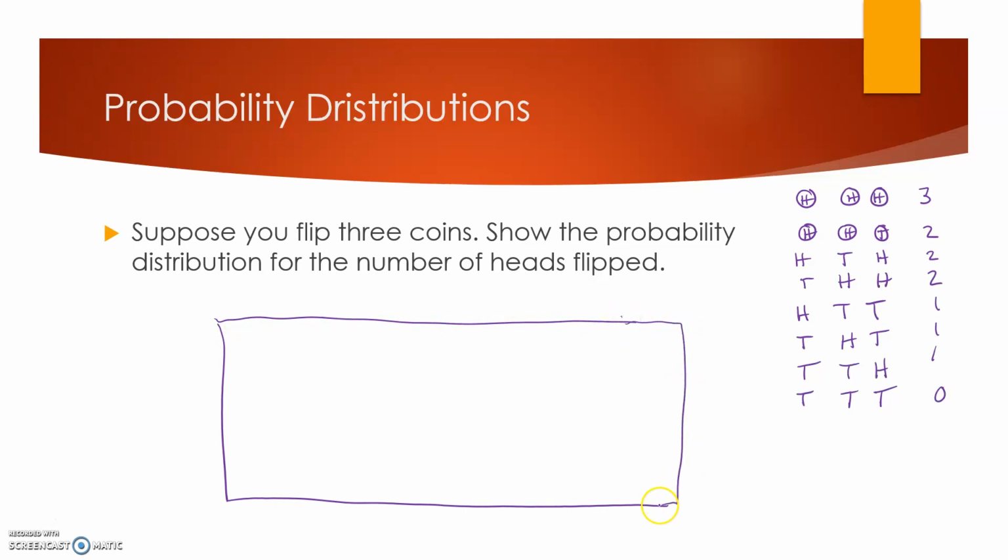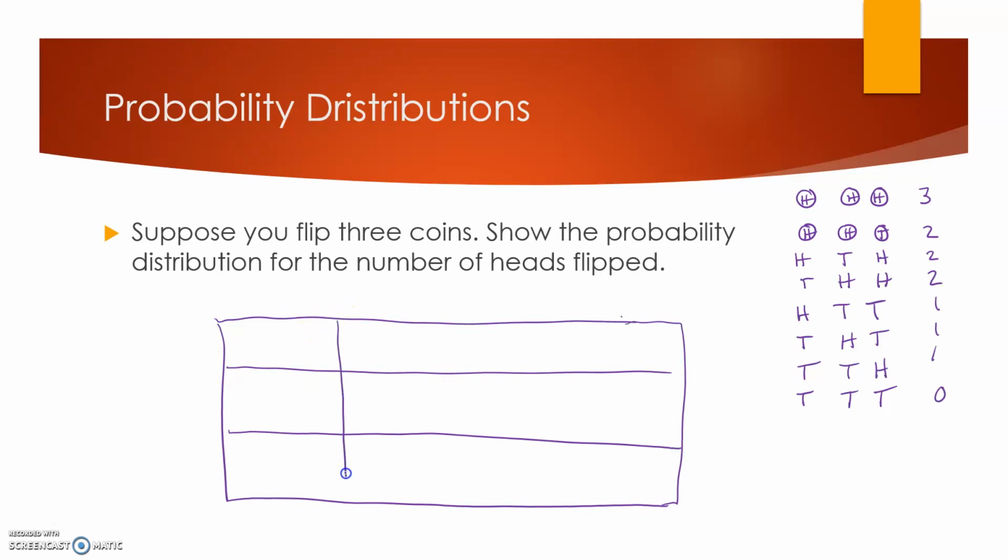And this table is going to have 3 rows. First column, I'm going to write number of heads. And then I'm going to write frequency. How often does it happen, or is it possible to happen? And then what's the probability?